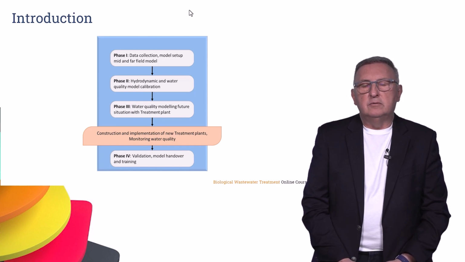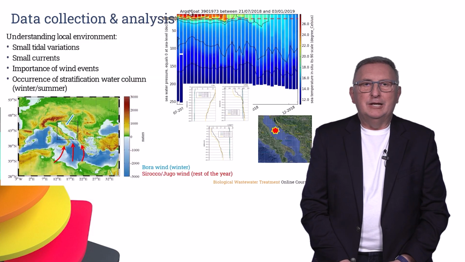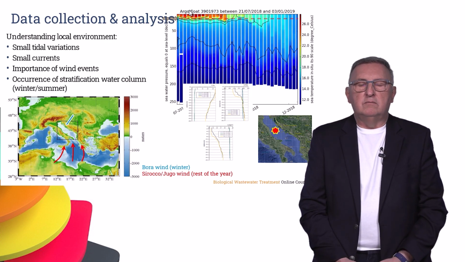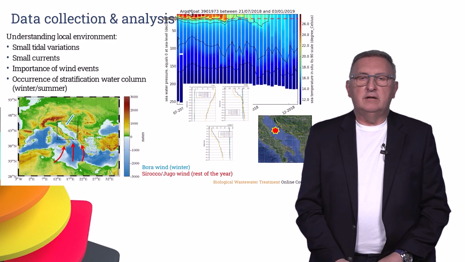We needed to do quite some work here, and this study included collection of lots of data and analysis of this data. We were collecting data on tidal variations, on the currents, on the wind events, and also, and that is very important here, occurrence of stratification in the water column between winter and summer conditions, because water depth in this area is not really high.